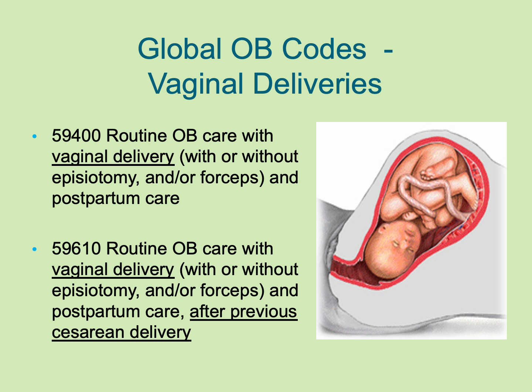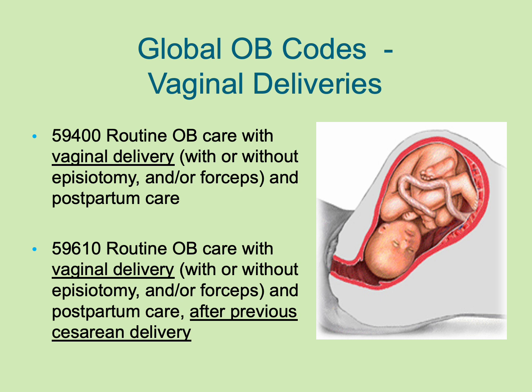If the delivery is vaginal, you're going to use either 59400 or 59610. 59400, routine obstetric care with vaginal delivery with or without episiotomy and or forceps and postpartum care. 59610, routine obstetric care with vaginal delivery with or without episiotomy and or forceps and postpartum care after previous cesarean delivery.